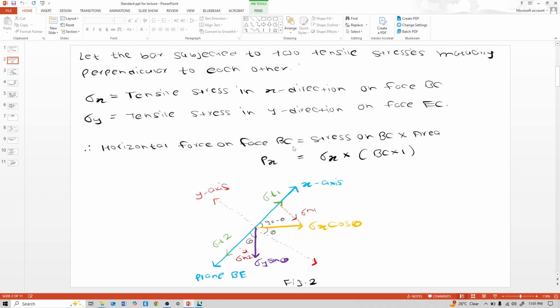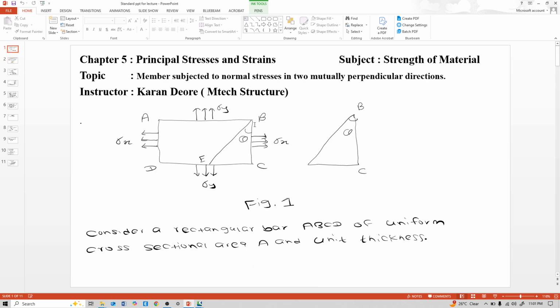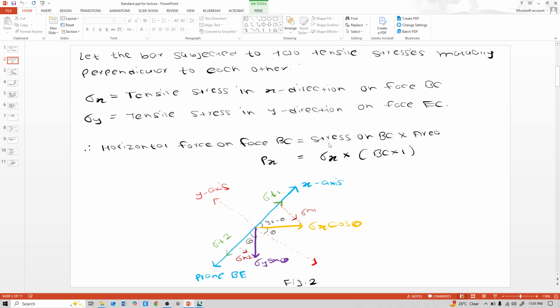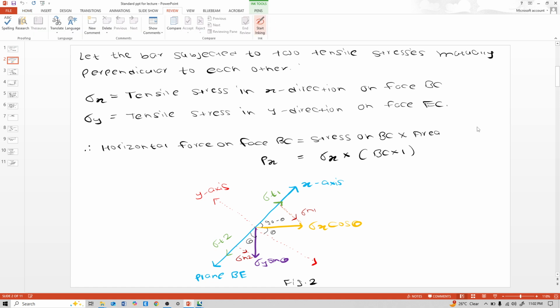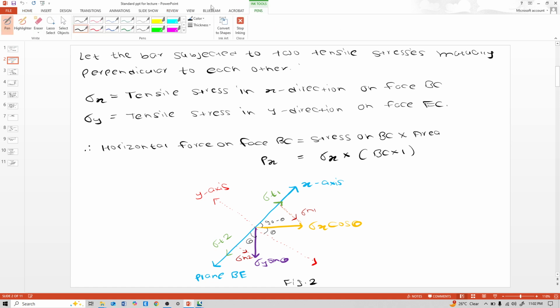Horizontal force on face BC is equal to stress on BC into area. Stress is nothing but the load upon area, so P is equal to stress into area.